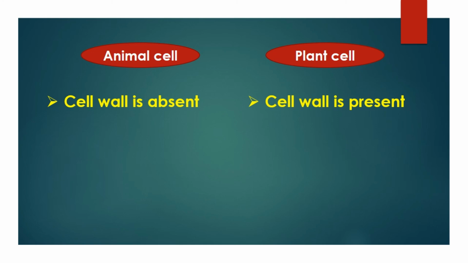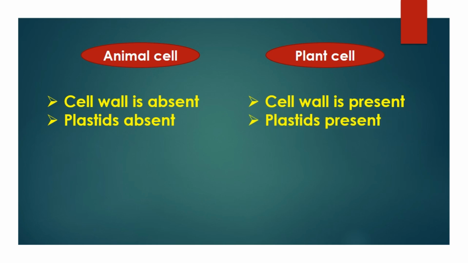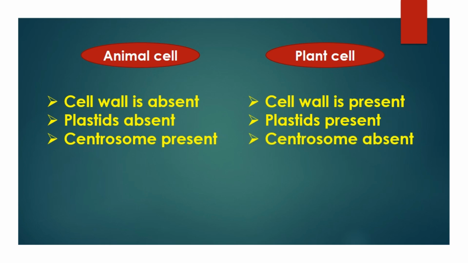Another noticeable difference is plastids are absent in animal cell whereas plastids are present in plant cells. Centrosome is present in animal cell while centrosome is absent in plant cells.